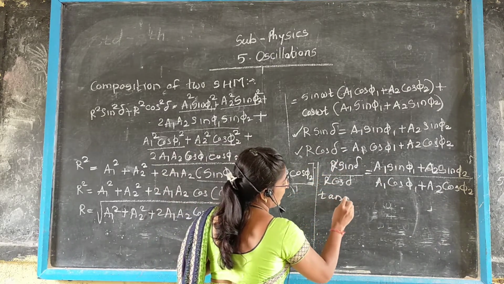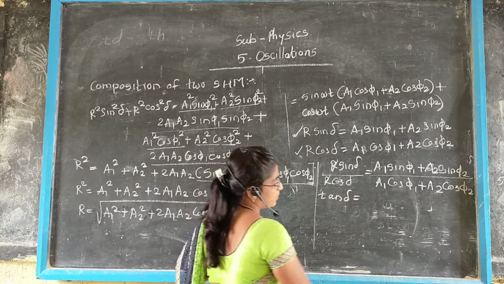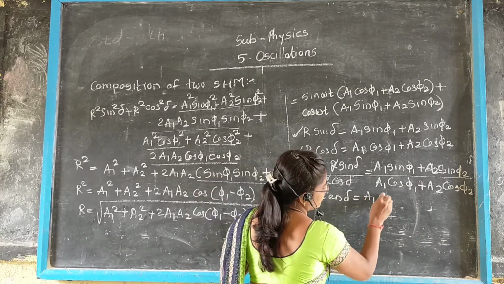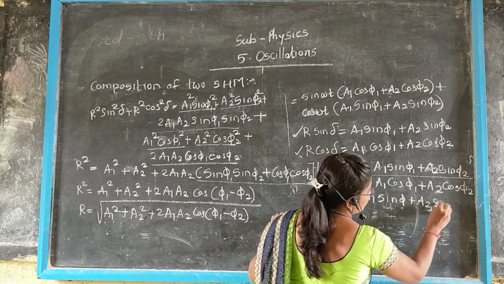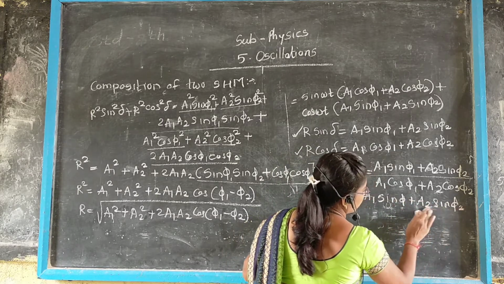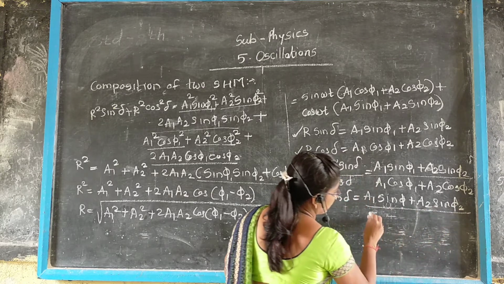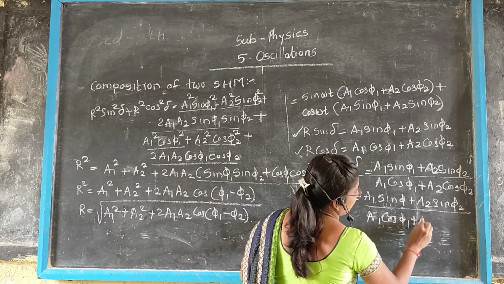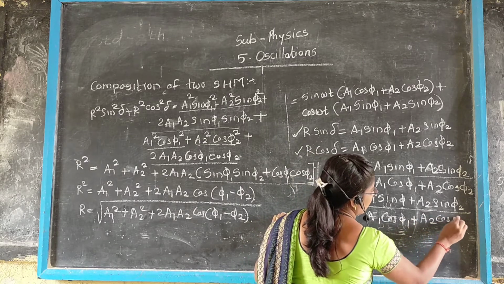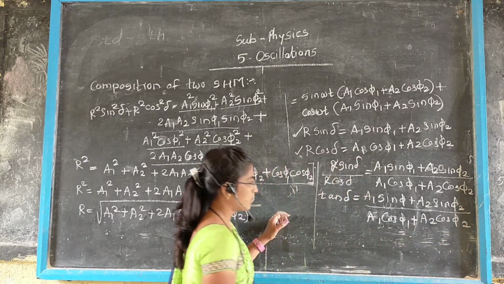Therefore, tan delta is equal to (a1 sin phi 1 plus a2 sin phi 2) divided by (a1 cos phi 1 plus a2 cos phi 2).